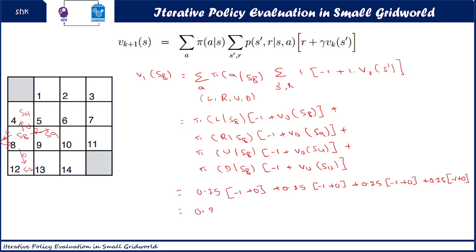If you take 0.25 as common, what is left is -1, -1, -1, -1, which is equivalent to 0.25 into -4, which is equivalent to -1. Now the value function V1 for all the states we will write as a list.